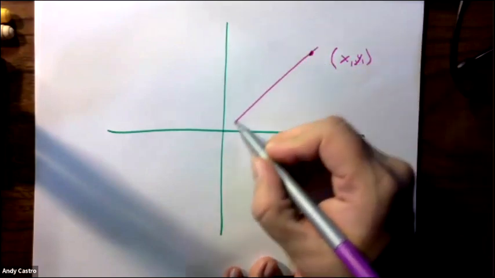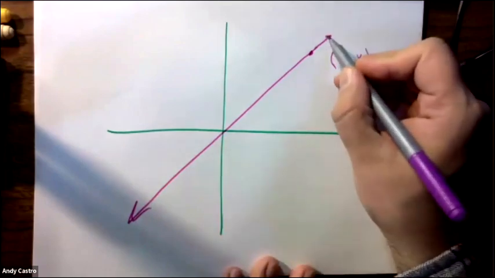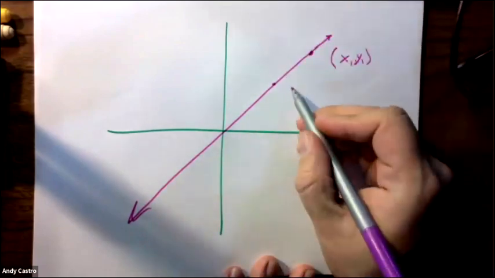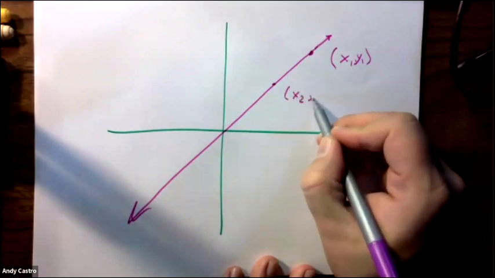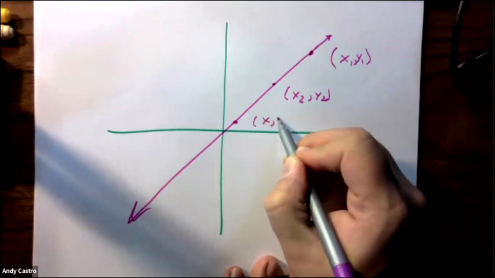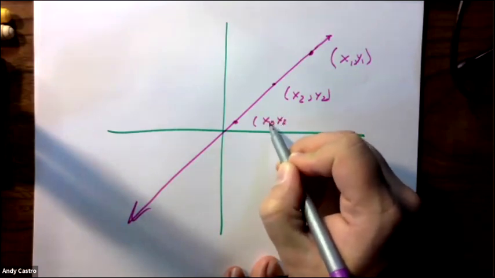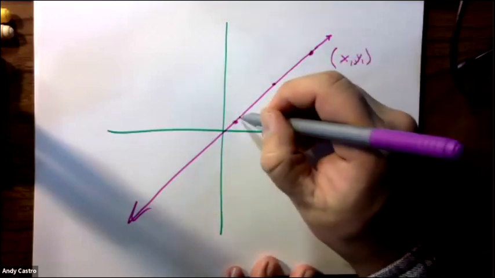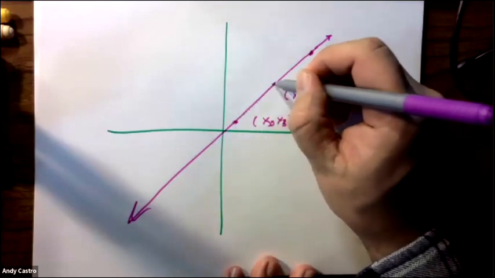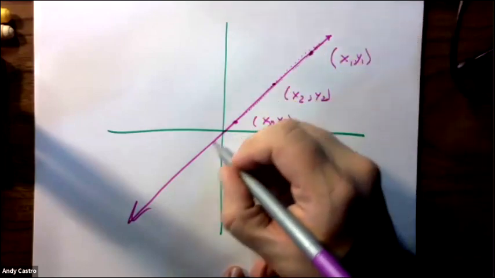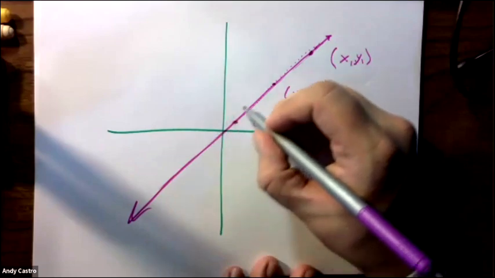But a line, okay, like this, that's made up of an infinite amount of ordered pairs, x3, y3, so on and so forth. There are an infinite amount of dots all through here that all connect to form this line.